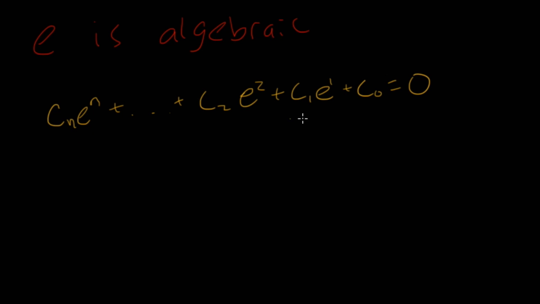If e satisfied this relation, it would be algebraic, and we're going to assume this, and by assuming it, we'll eventually get a contradiction from that relation that we got earlier. And once we get the contradiction, we can say that our assumption that e is algebraic must be wrong.